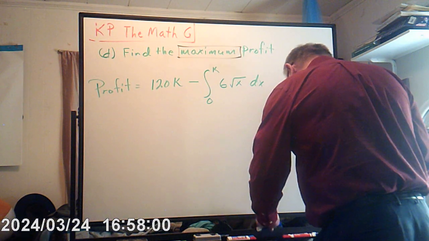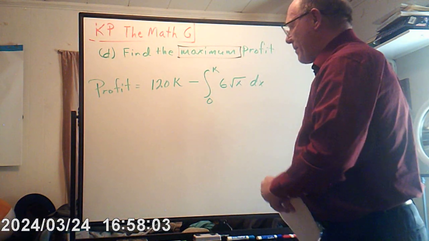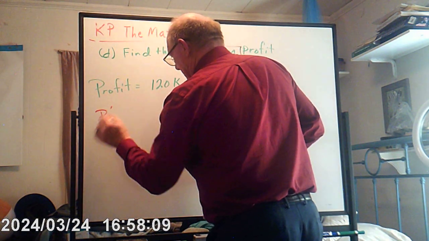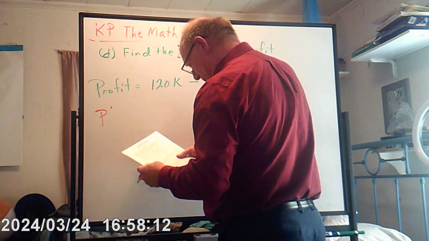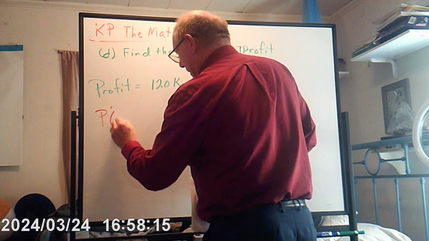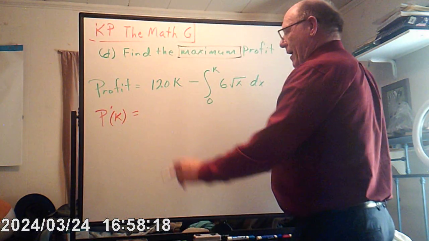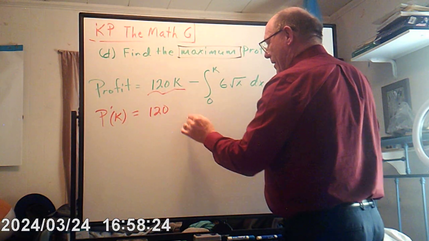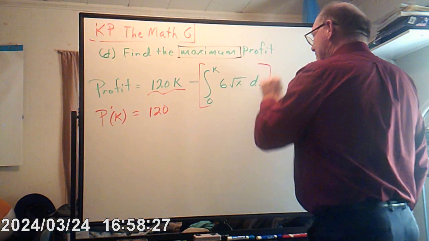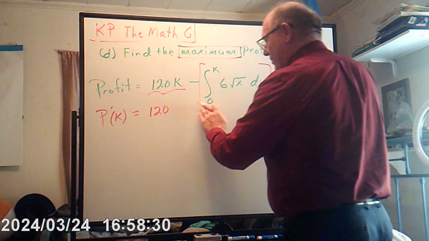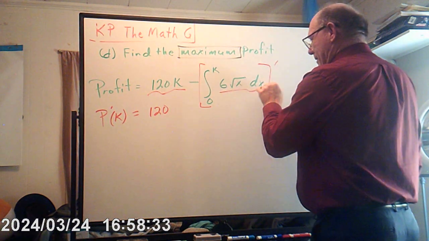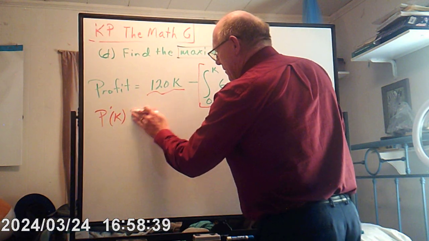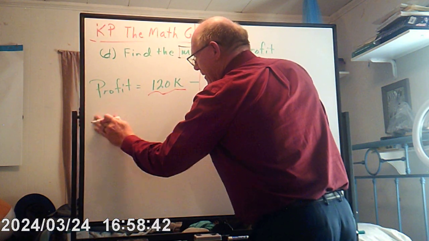So that's what we're going to do here. Let's try red. That probably does about as good as any. Now remember, this is P prime of K. Now, this is just 120, isn't it? When you take this derivative, that's just 120. And when you take the derivative of this part, that's the fundamental theorem of calculus.